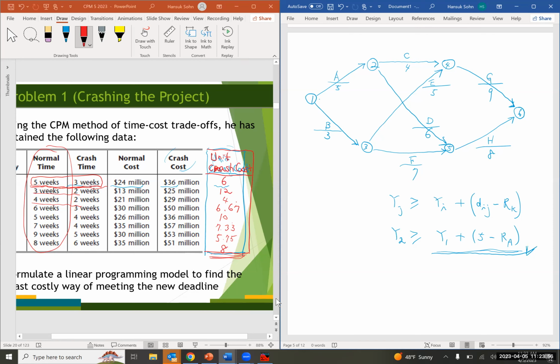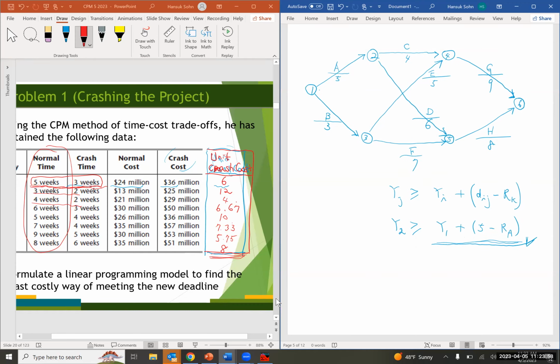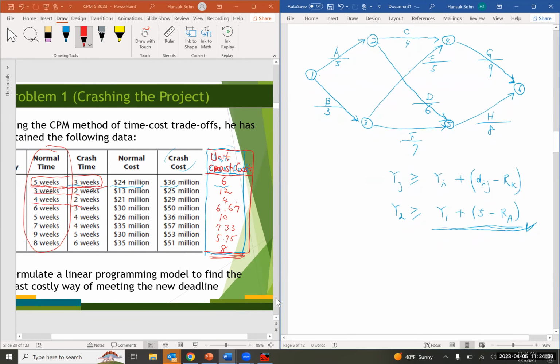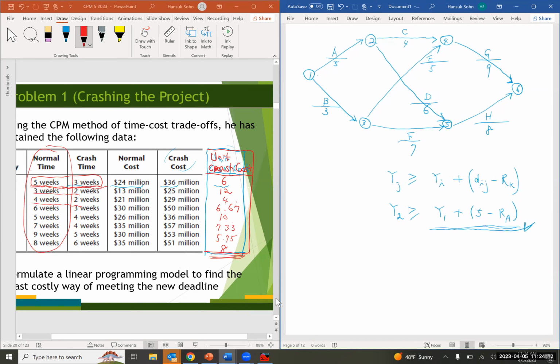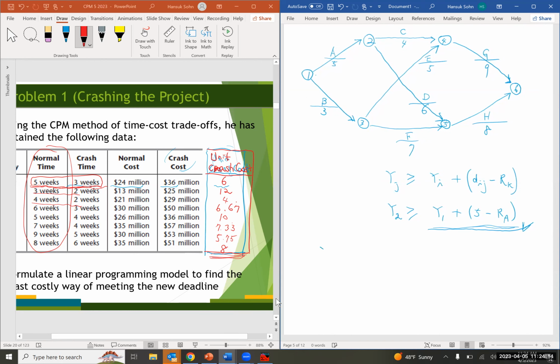Okay, so that's going to be y sub 2 greater than or equal to y sub 1 plus 5 minus r sub a, right?